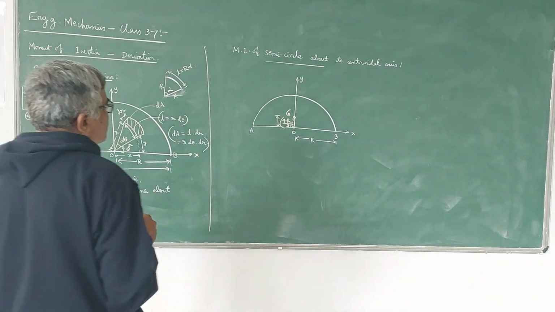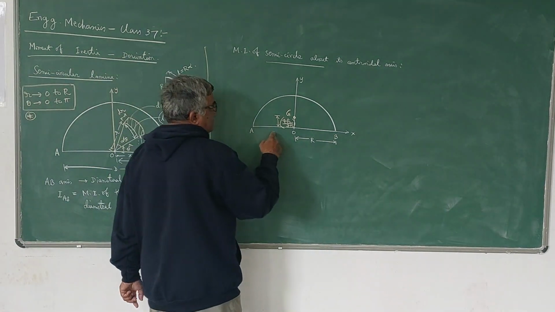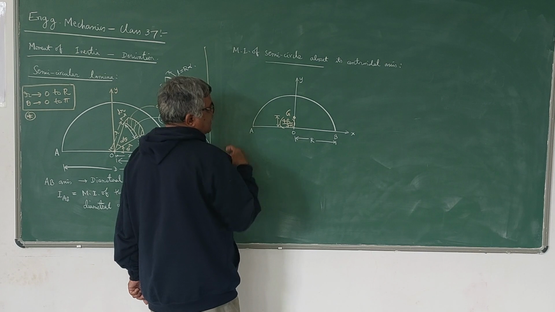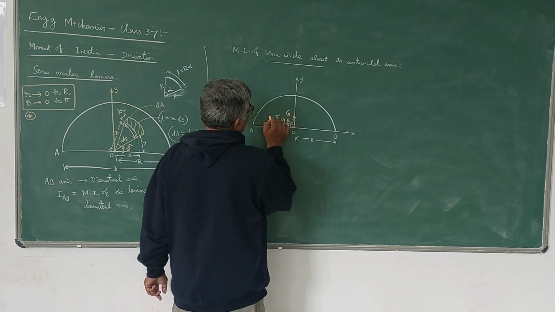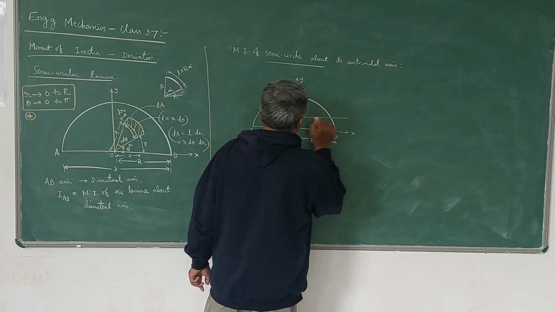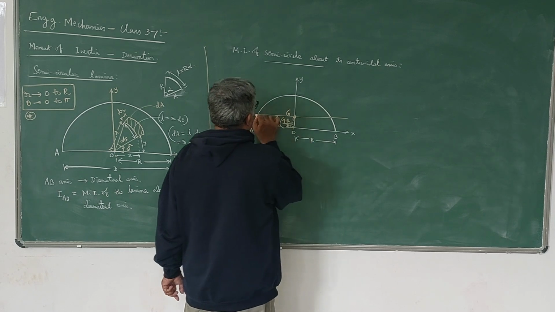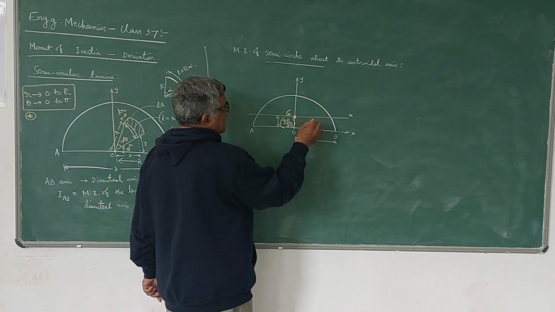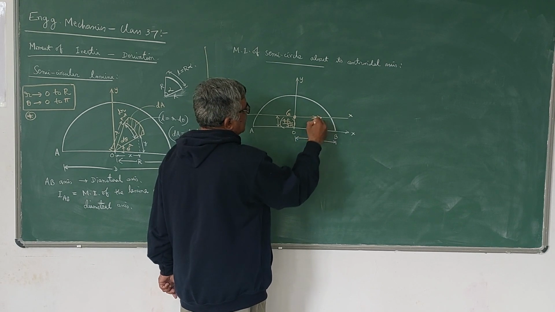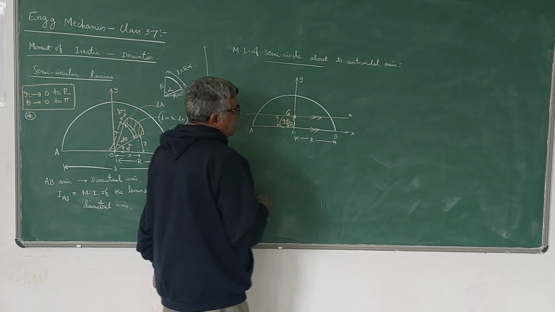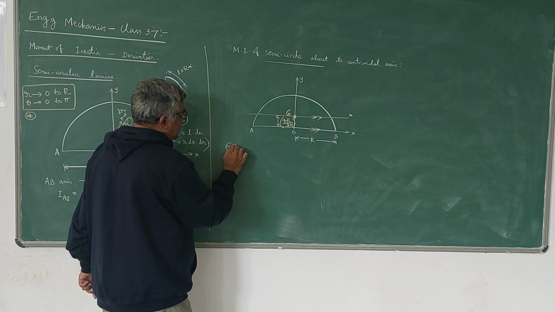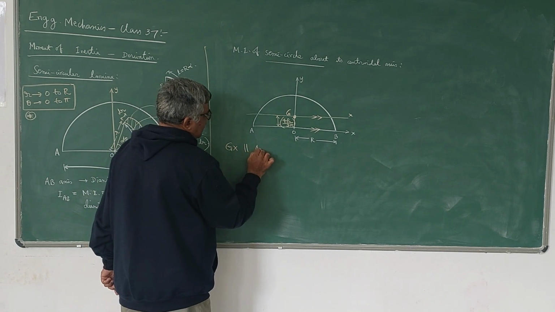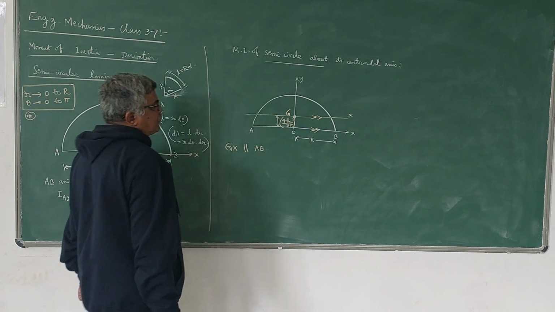Now I will draw an axis passing through this centroid G, and I call it the Gx axis. Please note that this Gx axis is parallel to AB.